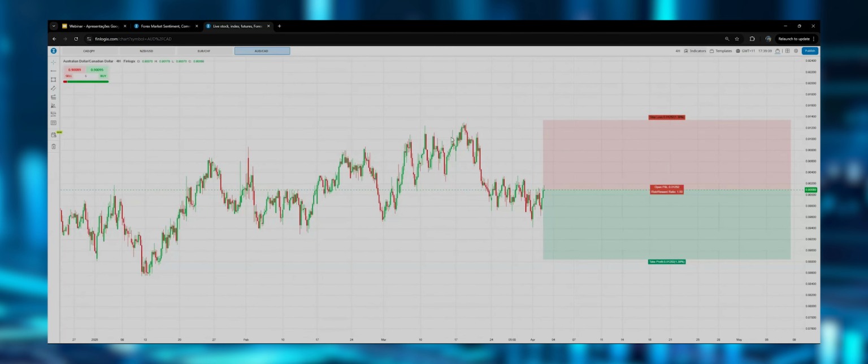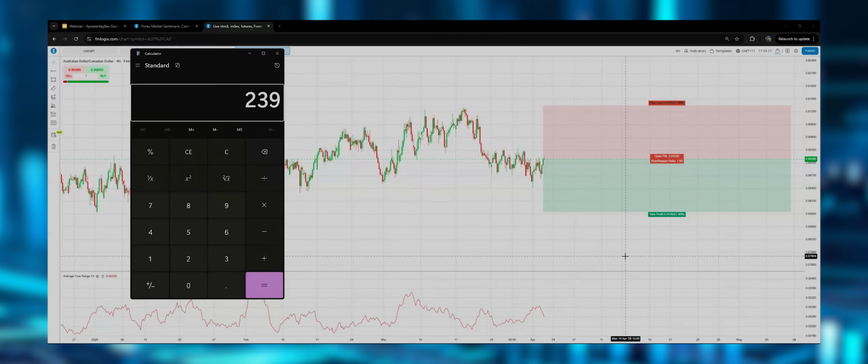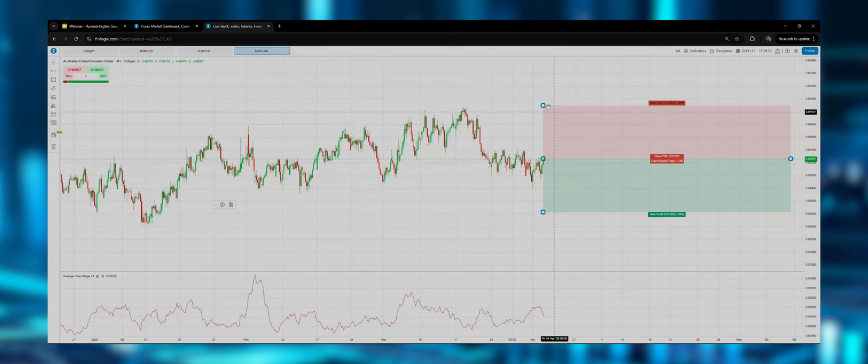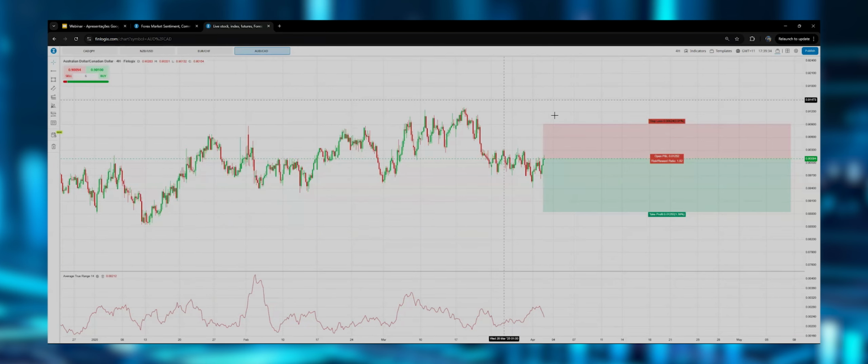Let's have a look at the stop loss first. No, it doesn't have much clear area. 239. So 239 times 3.5 gives us 836. Yeah, we don't need that big a stop loss. Now let's calculate 2.5. So 253 times 2.5, 647 sounds more reasonable.